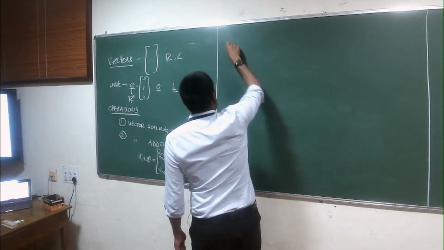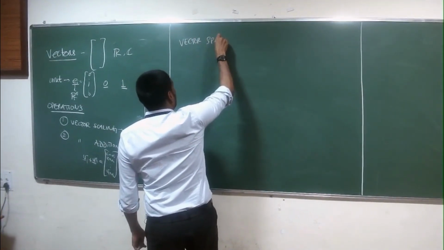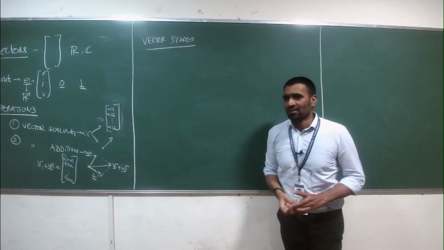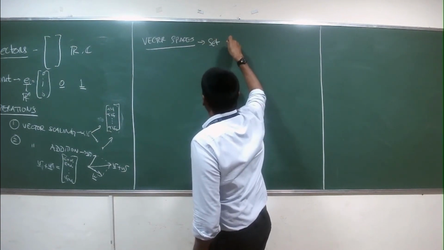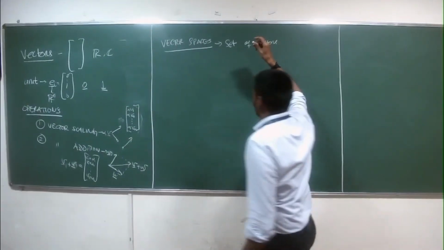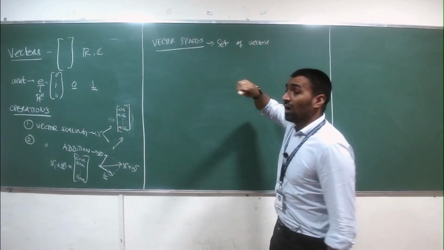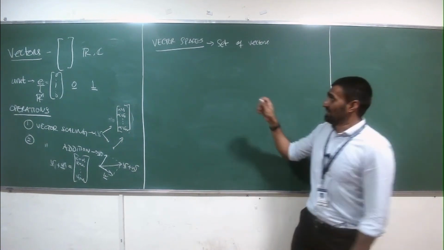And then we started talking about what is a vector space? Right, it's a set. Okay, set of what? No, it's not that it follows vector addition, right?